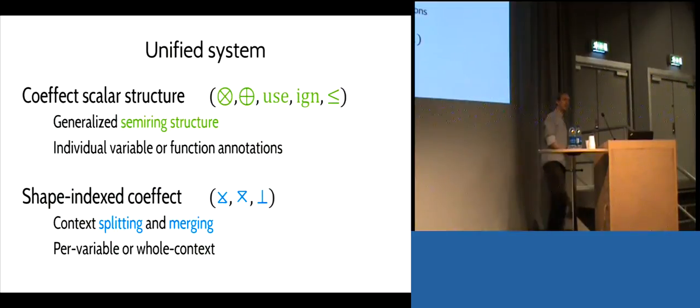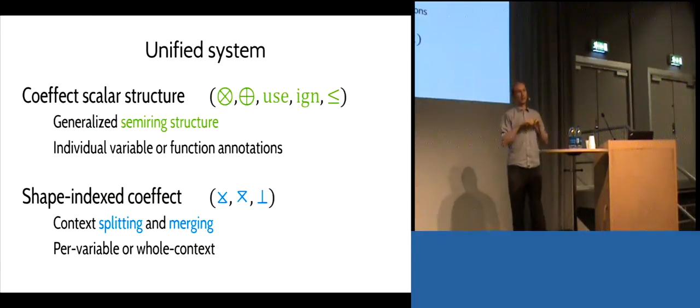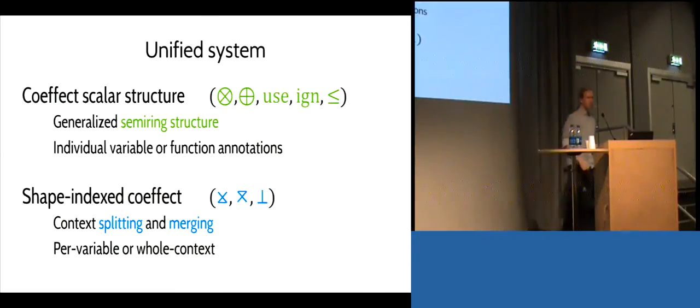It's an interesting semi-ring-like structure. It's slightly more general. We don't have all the required laws for semi-rings, but it's very close to that. The interesting thing is that it has these two operations. One is the one that's used in contraction. That means sort of sharing. The other one is used in application, and it means sequential composition.